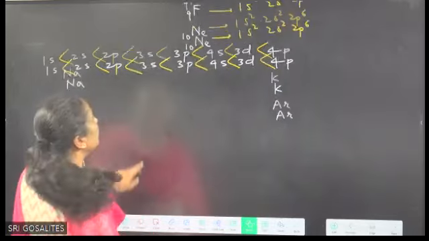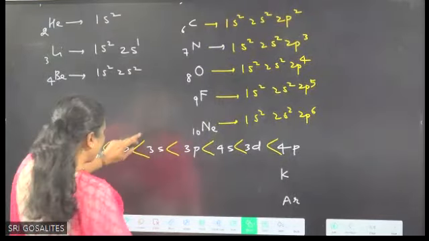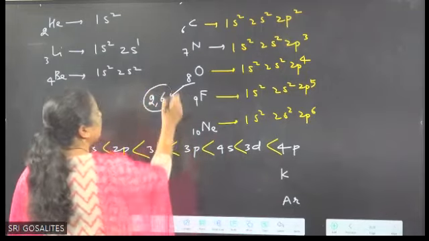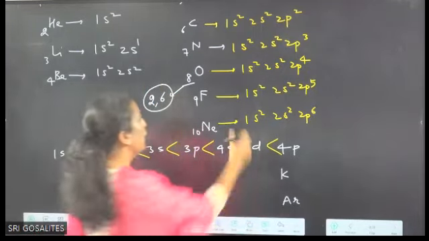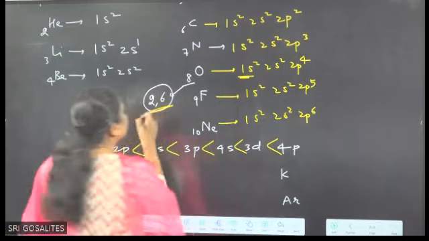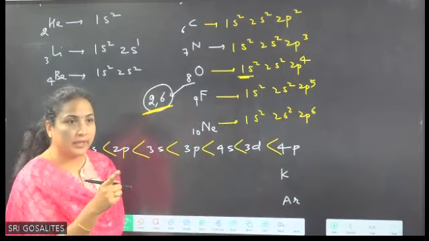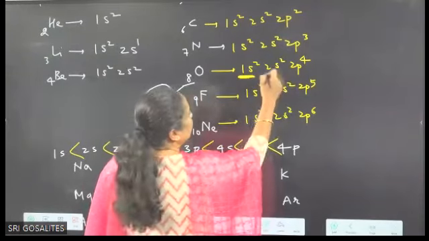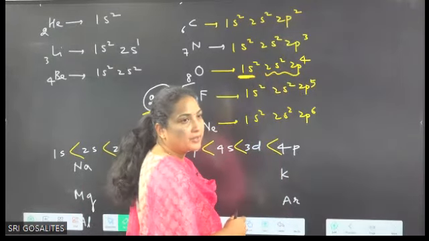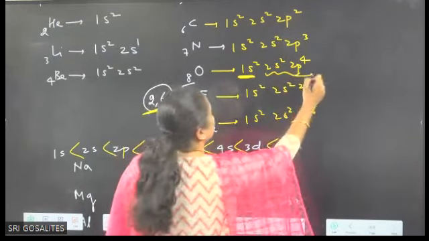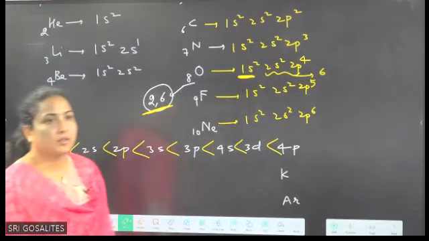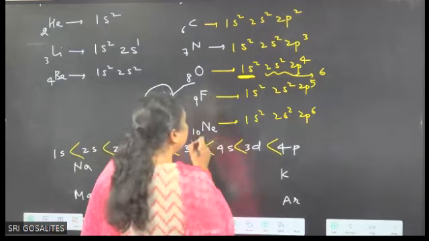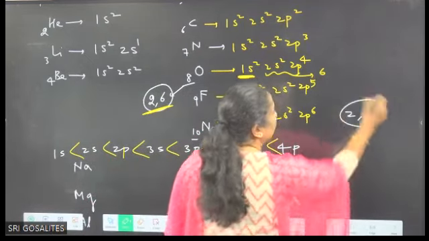In fact, for oxygen till now, you would have written 2,6. Remember? According to shell, you used to write the first shell, 2 electrons, second shell, 6 electrons, 4 plus 2, 6. Again for neon, you would have written 2, 8.